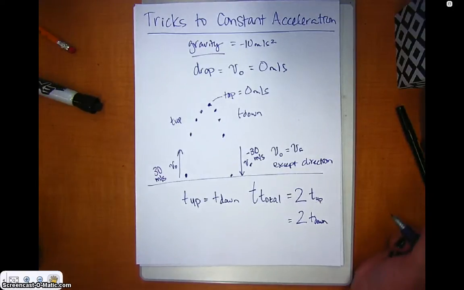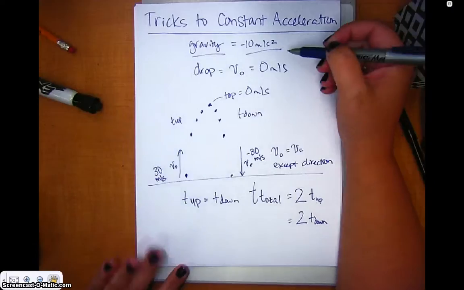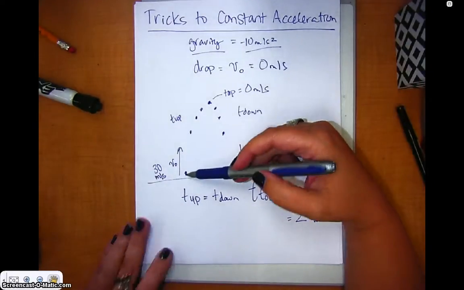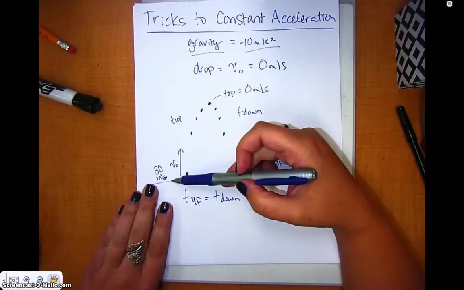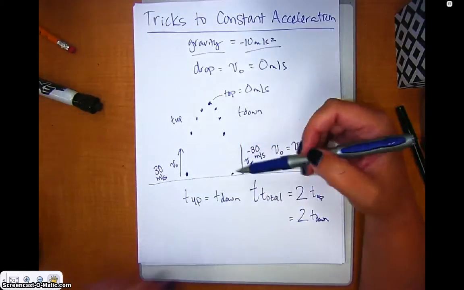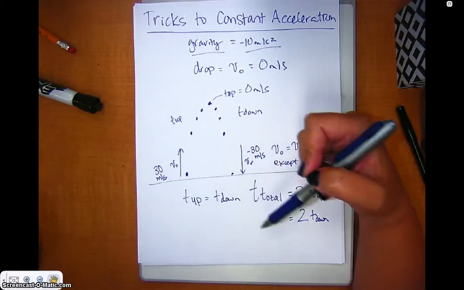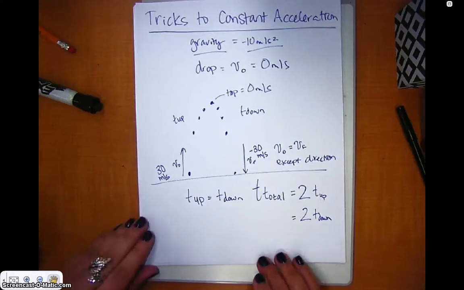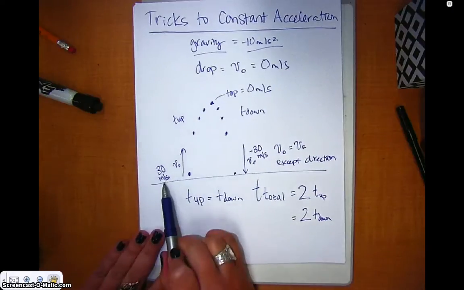Now, given the fact that gravity is roughly 10, it makes it really easy for us, if we're told a ball is thrown up in the air at 30 meters per second, to figure out the total time. And I'll derive that out for you, and then we'll talk about how you can do that without really thinking, right? So we want to know time. We have initial velocity is 30.